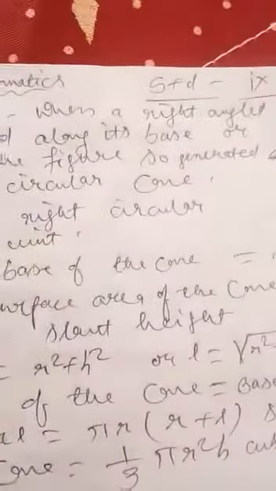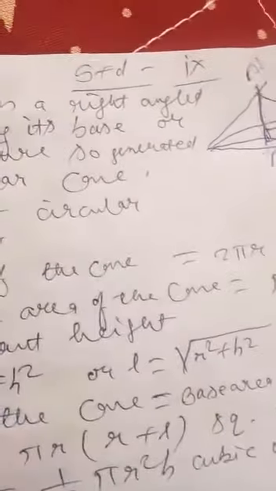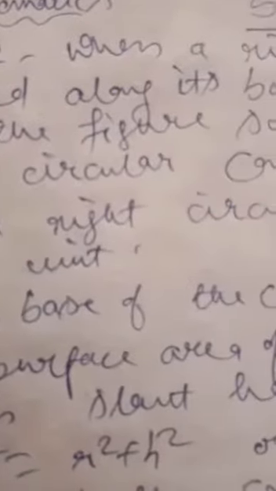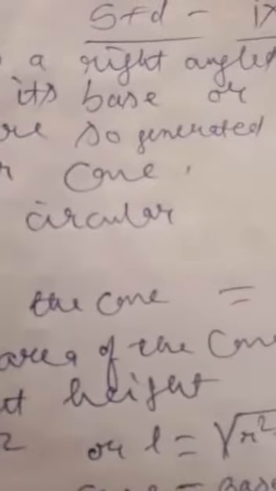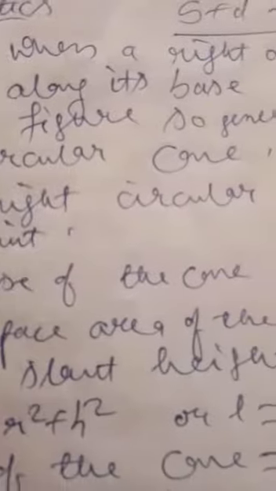So we can define right circular cone. Right circular cone: when a right angle triangle is rotated along its base or perpendicular, then the figure so generated is called a right circular cone.